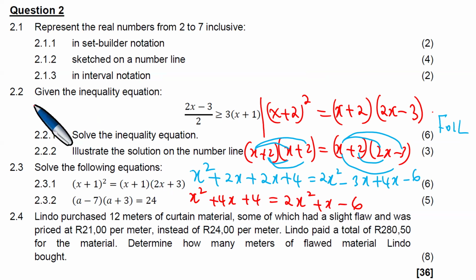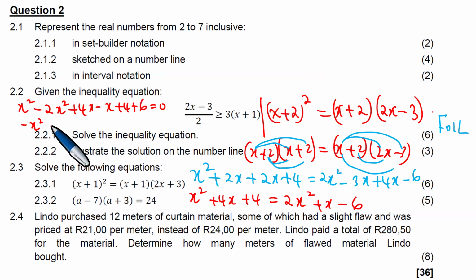In which case, you would have x squared, then you move 2x squared to the other side, and 4x minus x. What is x squared minus 2x squared? It's negative x squared.